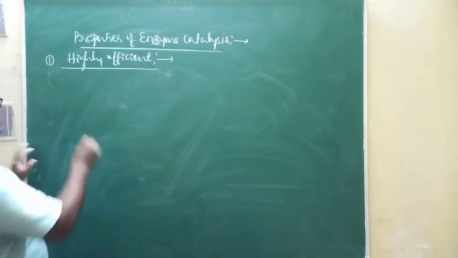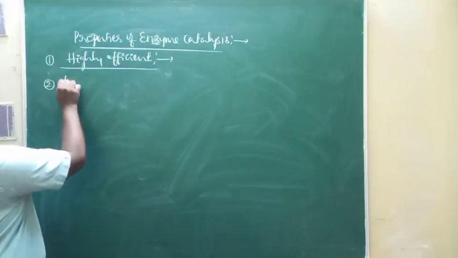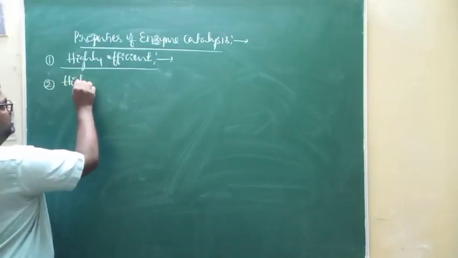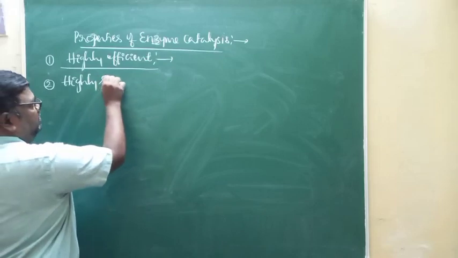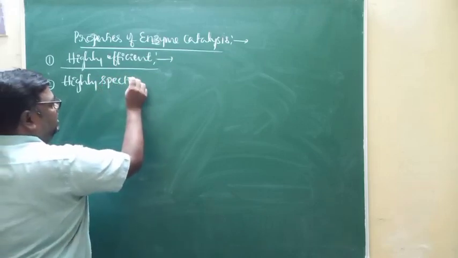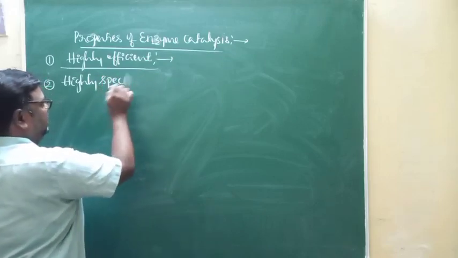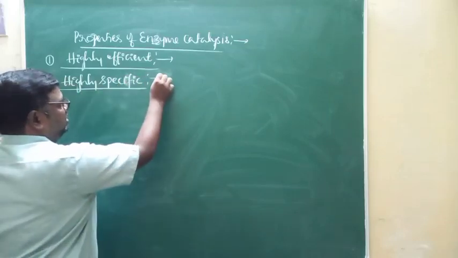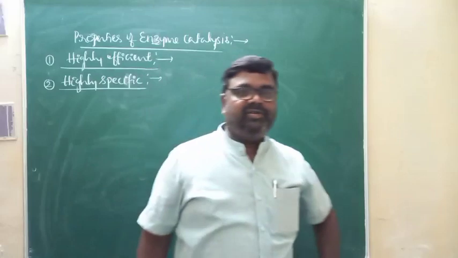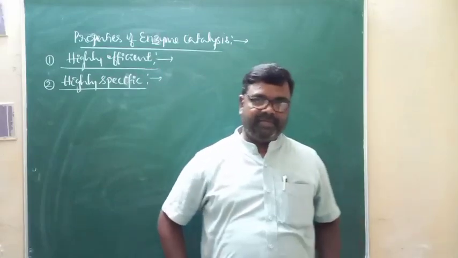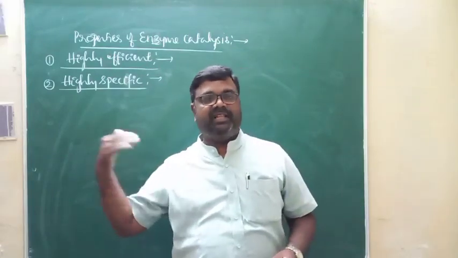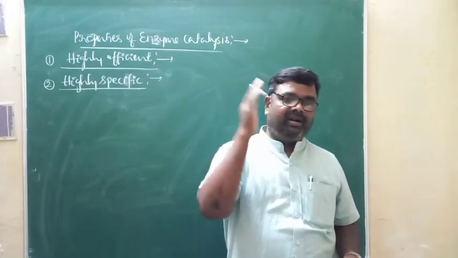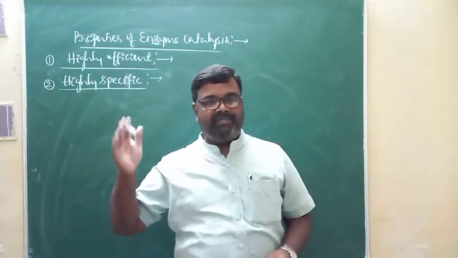Okay, now that is the first property. Second property: enzymes are highly specific. The activity of a catalyst itself is specific in nature. That is, a particular reaction is catalyzed by a particular type of catalyst.